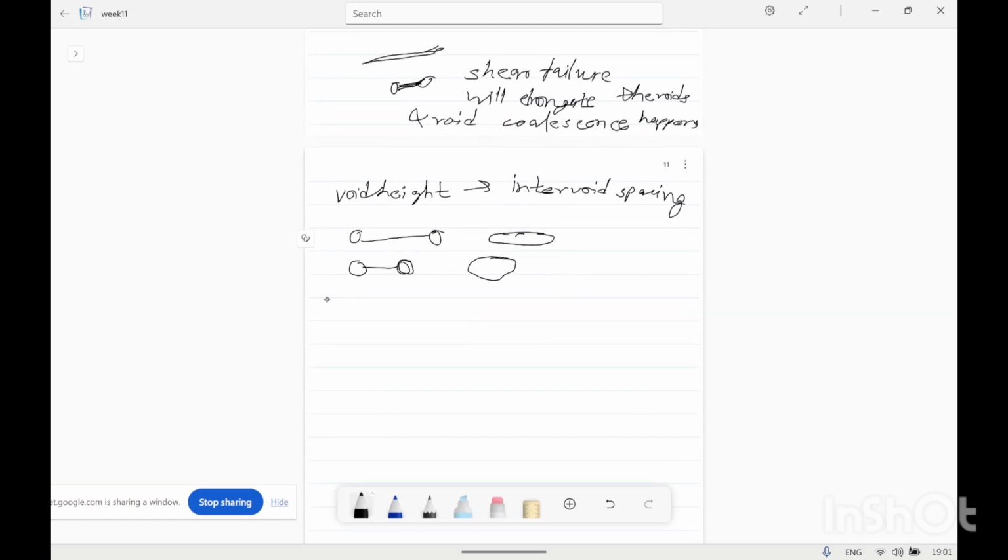So in a ductile matrix, discontinuously reinforced metal matrix composite, the ductile matrix will lead to particle cracking, and that leads to extensive void growth along the loading direction.